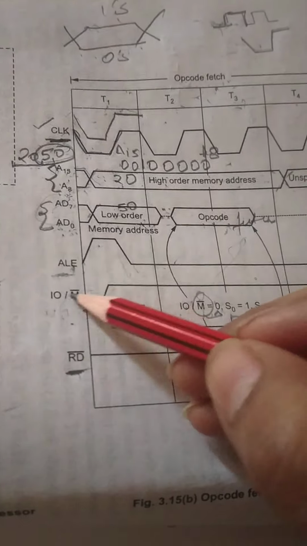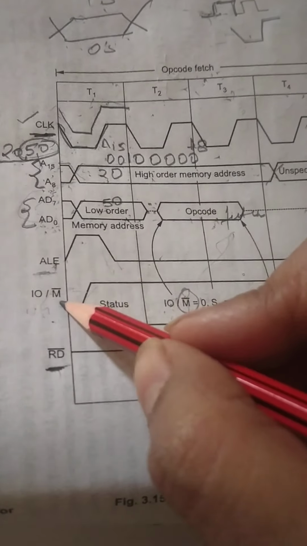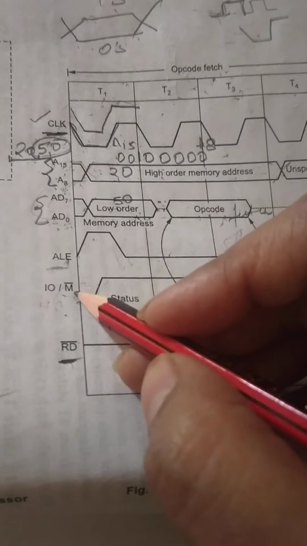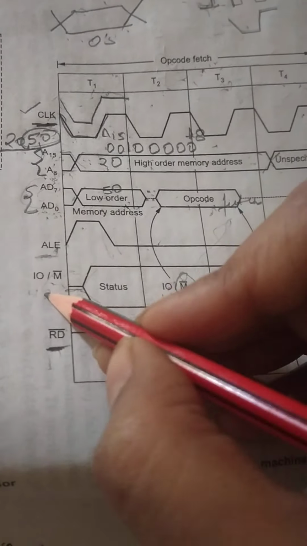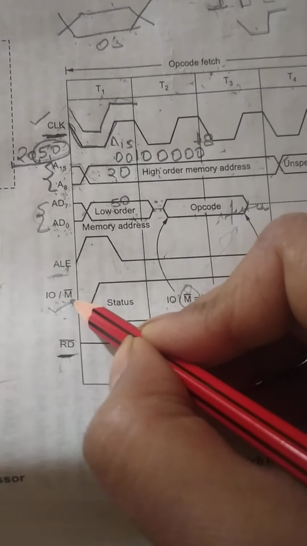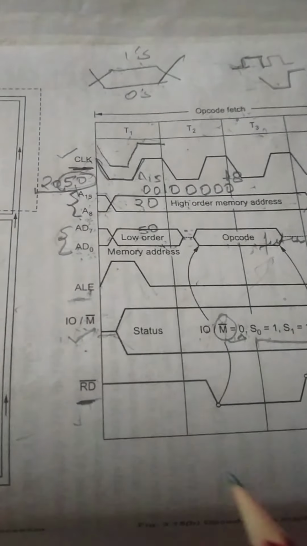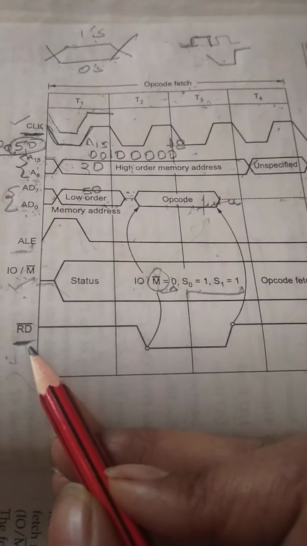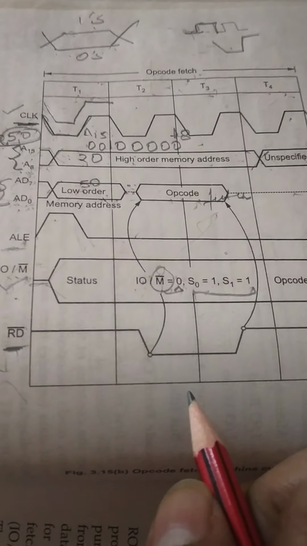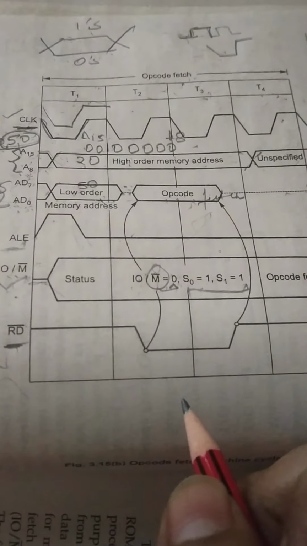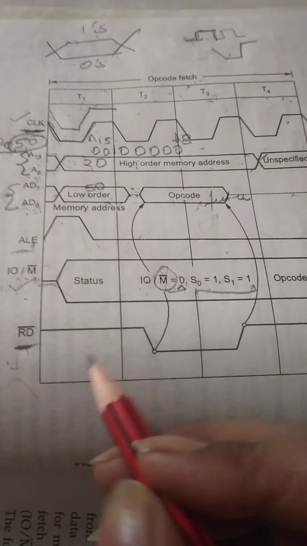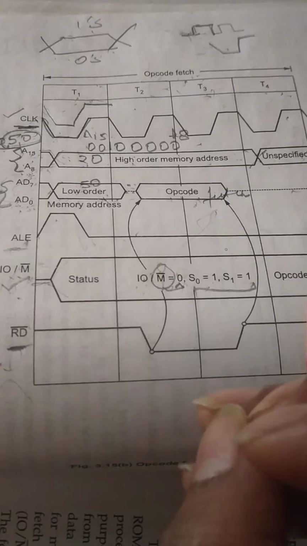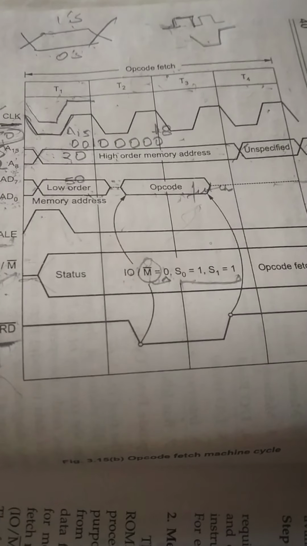Now the next signal is the read signal. We have to give the different signals here, machine signals. Machine signals are read, write. These are the control signals rather. So IO/M bar we have already given. Now the read signal. We have to take the read signal here because we are fetching the instruction from the memory to the microprocessor. If we are giving data from the microprocessor to the memory, it becomes write.